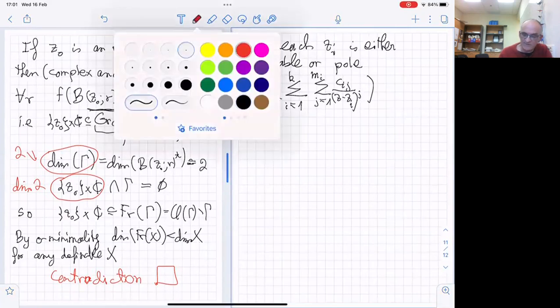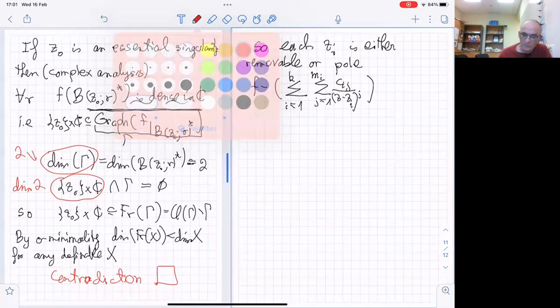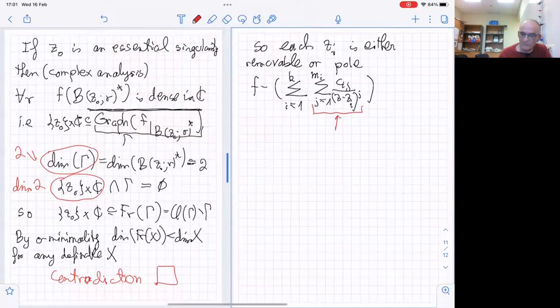Each one of these is what's called the principal part. It's the part in the expansion with negative powers, the principal part of the pole. And now you're left with a bounded function because you removed all the problems. Is it? No, sorry, not yet.